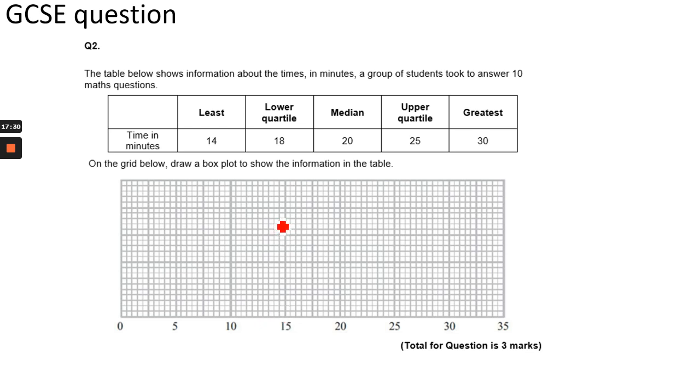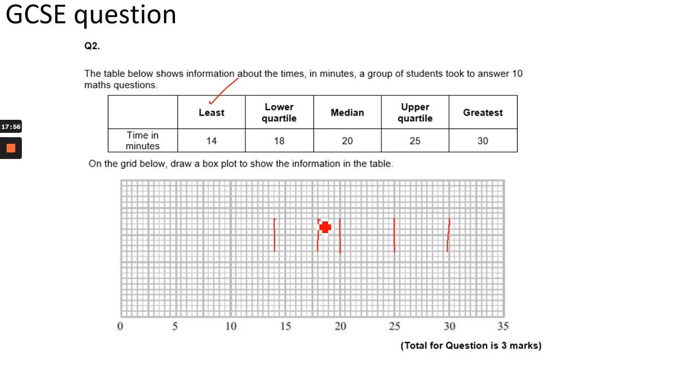So I believe that this is going to be the least value, the minimum. The lower quartile, 20, 19, 18. The median is 20. The upper quartile is 25. And the greatest value is 30.